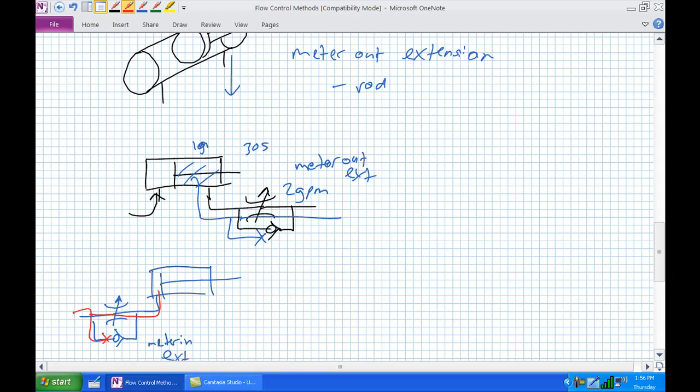Controlling flow rate into the cap end, that is meter in extension. Here is what we've just been talking about, meter out extension. Okay, so 2 ways of controlling it. What is our advantage here? Well, let's say I've got a suspended load.